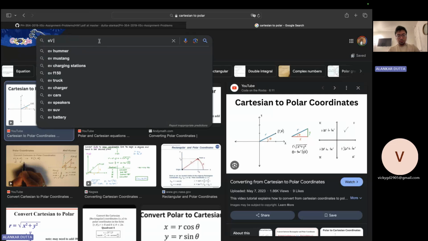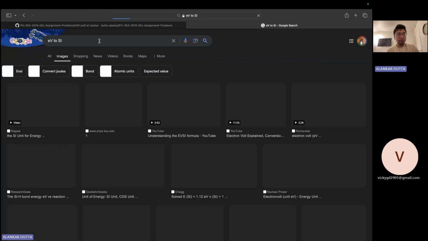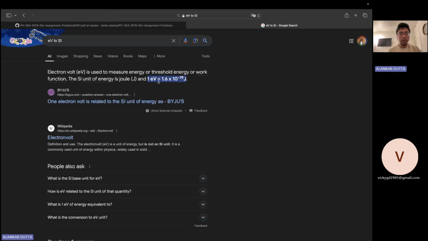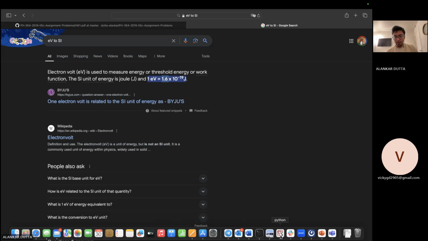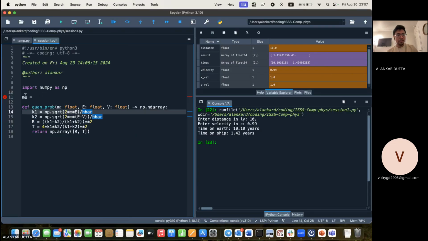So electron volt to SI, and this will be in joules. You see, 1 electron volt is 1.6 times 10 to the minus 19 joules. So we'll just take this in. So E is this times 10 to the minus 19.